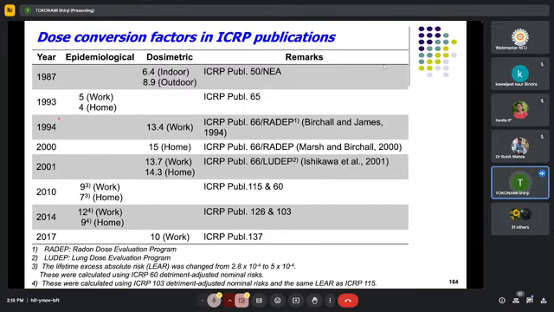Just one year after, there was a large difference between the two. Here is the epidemiological approach, and here is the dosimetric approach. In 2000, using the ICRP Publication 66 model, they calculated a dose conversion factor of 15 millisievert per working level month at home.